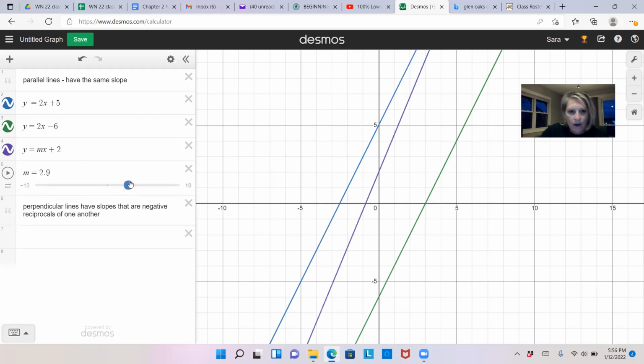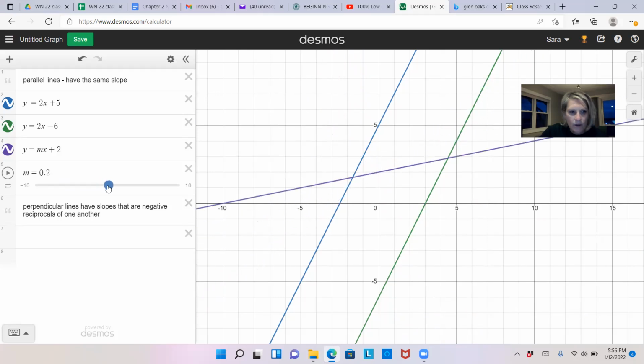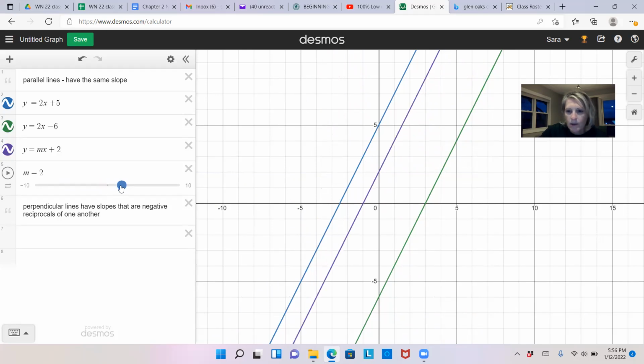And you can just see how, when the slope is negative, the further negative it gets, the more up and down that slope becomes. And then when it gets to 0, it goes flat. And then when it gets positive, it's going up and down. And then there it is at 2 to match my slopes of the parallel lines.